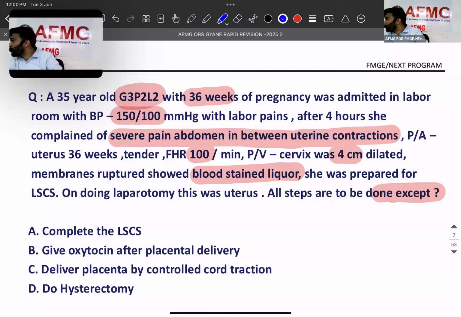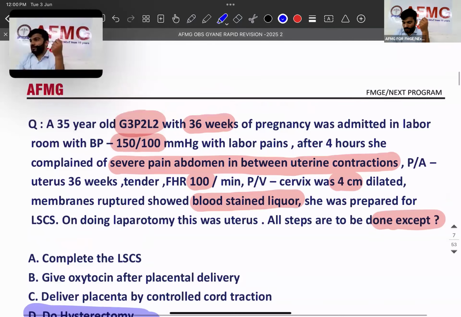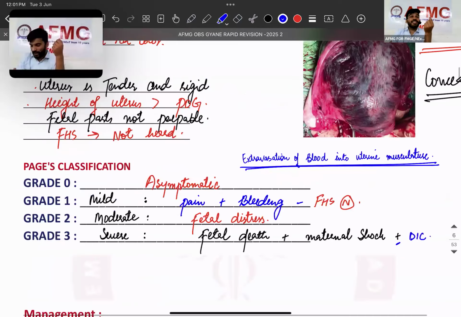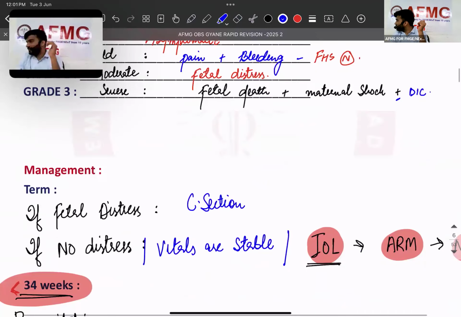Something wrong with the placenta. Why I will take the uterus out? Placenta तो निकलने ही वाला है ना after delivery. So why you will take the uterus out? So all of the following are to be done except, why you will do hysterectomy, sir? है ना? Just now for 20 minutes I was shouting about abruptio placenta. From the morning I did not mention hysterectomy. So use your mind. Hysterectomy, why you will do?